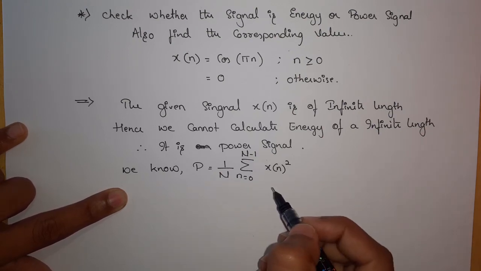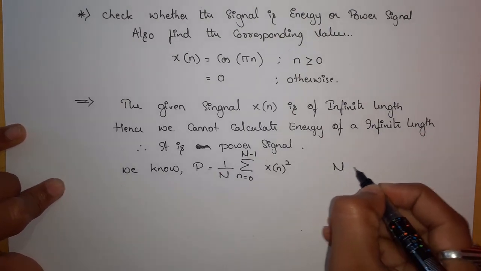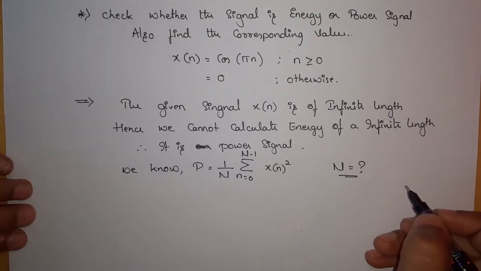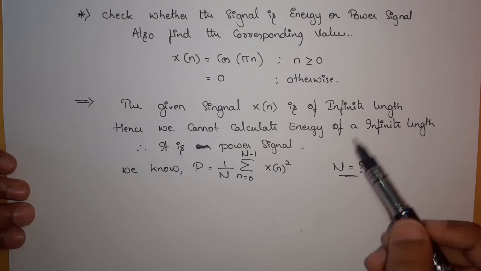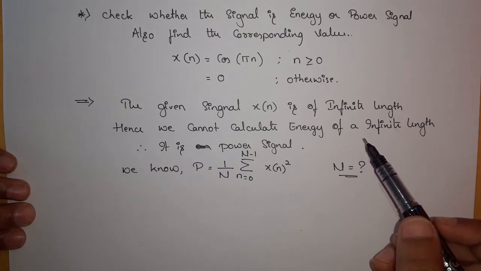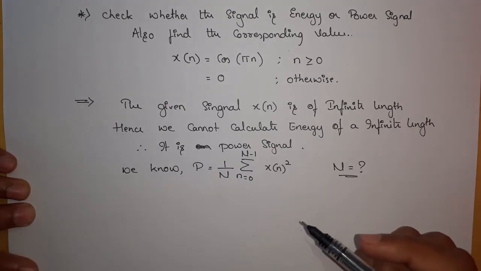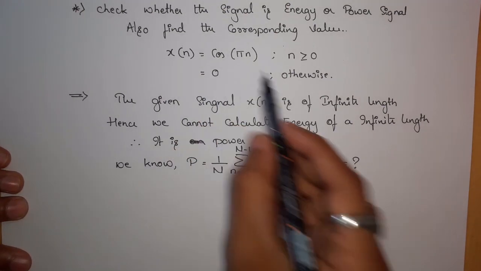This is the equation, and here the sample N is unknown. Again, as I said in the previous problem itself, the average power is always calculated for one full cycle, remember.